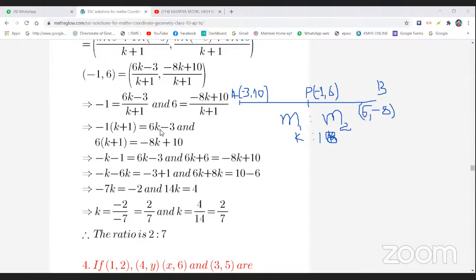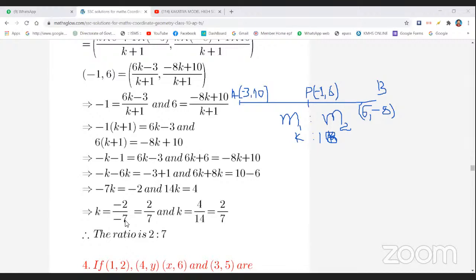Then minus 1 into k minus k, minus 1 into 1 minus 1, is equal to 6k minus 3. And here 6 into k is 6k plus 6 is equal to minus 8k plus 10. Then separating the variables and constants, minus k minus 6k is equal to minus 3 plus 1. So minus 7k is equal to minus 2, k is equal to minus 2 by minus 7, which is 2 by 7.